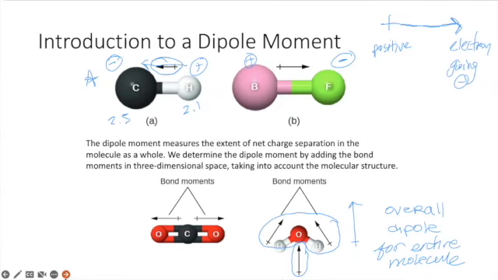If we were to look at CO2 here, oxygen is the more electronegative atom. If we were to try to draw an overall dipole, though, there wouldn't be one, because each of these are going perfectly in the opposite direction of each other at the same strength too, mainly because it's the same atom.